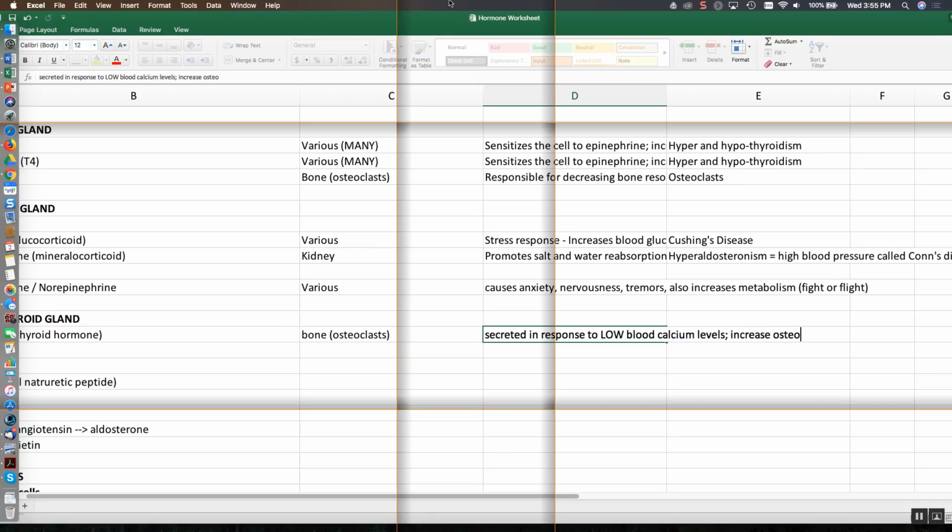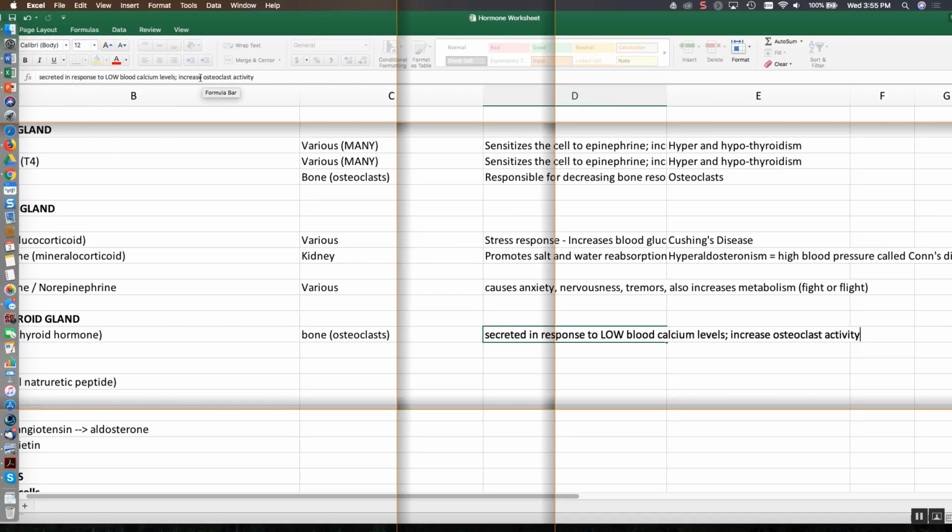So now it's going to cause resorption of bone. What that means is it actually goes along and degrades the bone and releases the calcium into the blood. So it's going to help raise calcium levels.